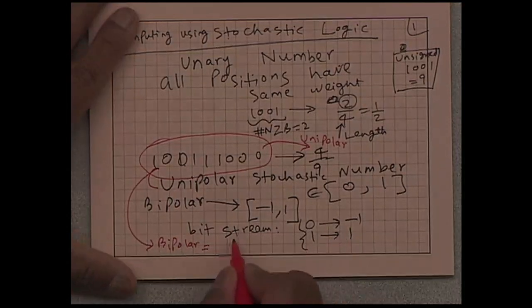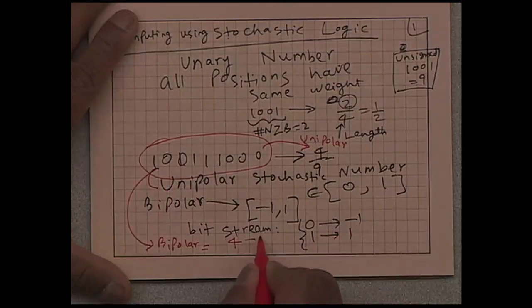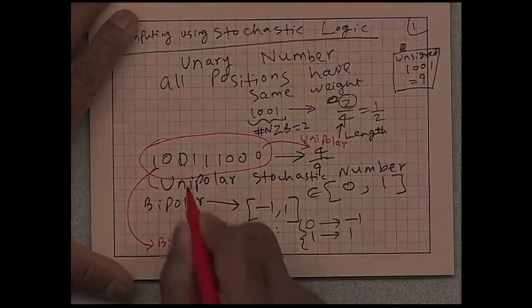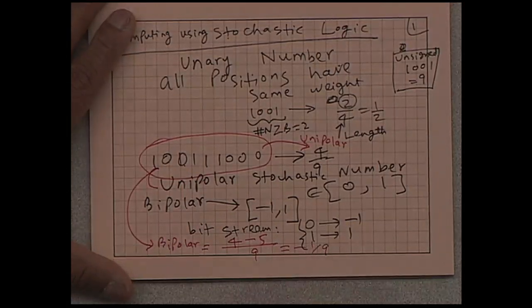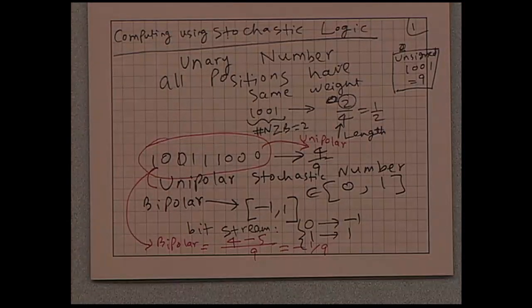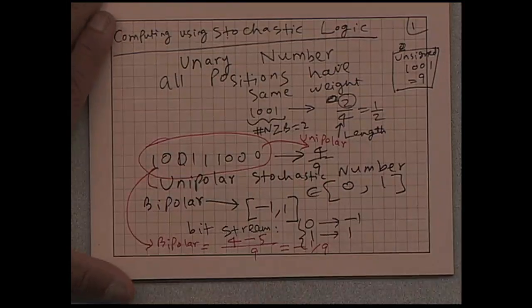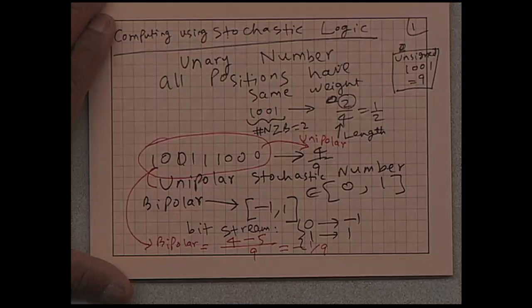They add up to 4. How many zeros? 5 zeros. Each zero is a -1. So 5 zeros are the same as minus 5 divided by the length 9, and that's going to be minus 1 by 9 in bipolar. So the same bit stream, there is nothing different, but when represented using unipolar it has a value 4 by 9, and when represented using bipolar stochastic number representation, it has a value minus 1 by 9.